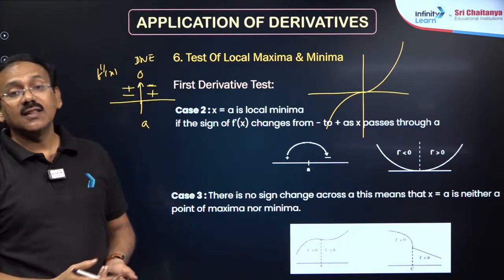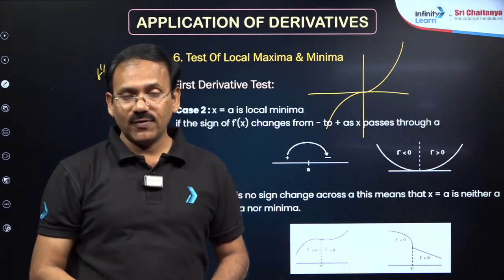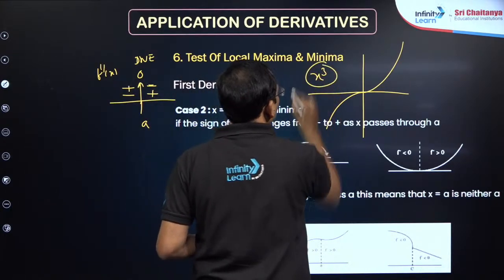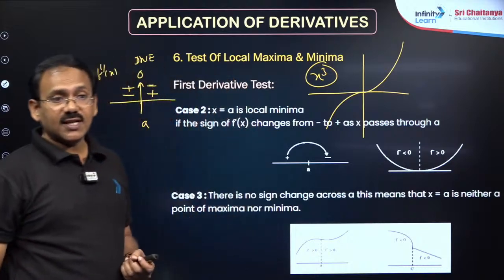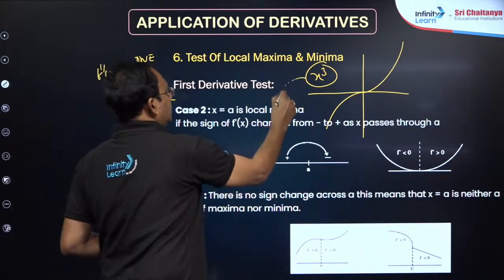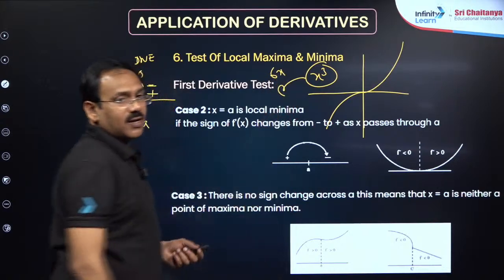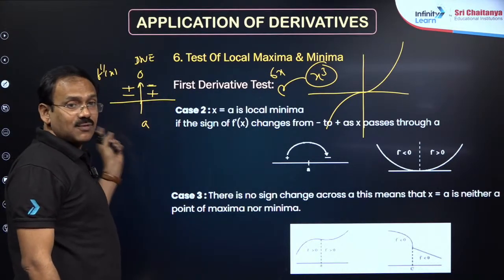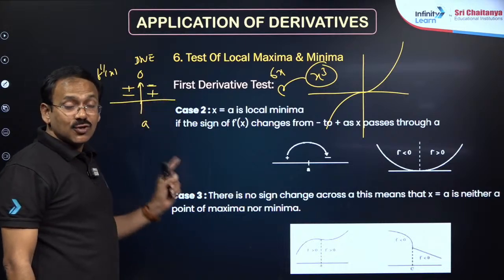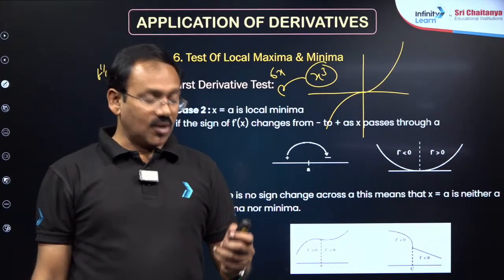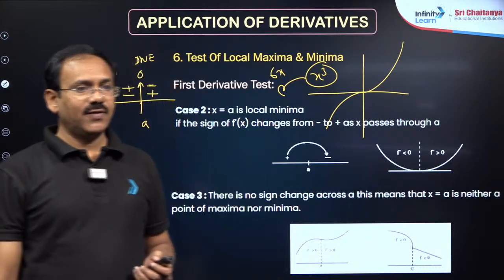It changes, then we say that it is a point of inflection. The best example is the x cube graph at x is equal to 0. First derivative 3x square, second derivative is 6x. At 0 the second derivative is 0, left side negative, right side positive. So the second derivative will help us to check the concavity of the function, the change of concavity.